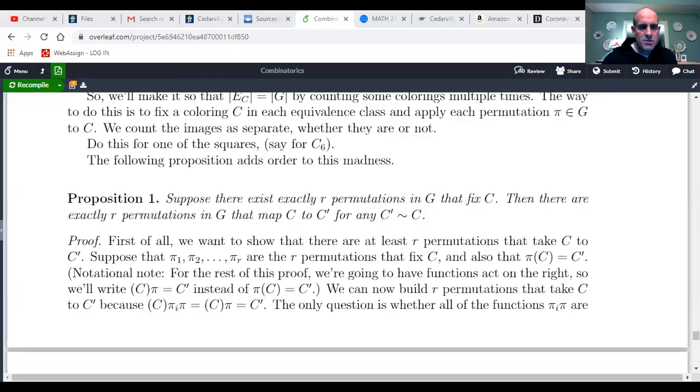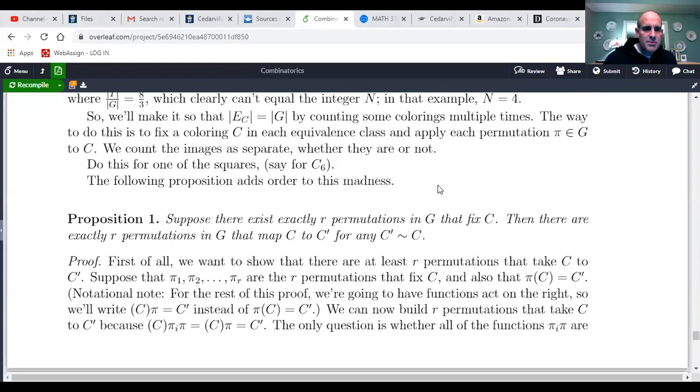So back down here, remember I somewhat imprecisely had said that we want to make it so that the size of each equivalence class equals or somehow gives rise to something that's equal to the size of the group, so that each one of those expands out to the same size, a known size, namely the size of the group, so that when we divide by the size of the group, we're just going to get the number of equivalence classes.